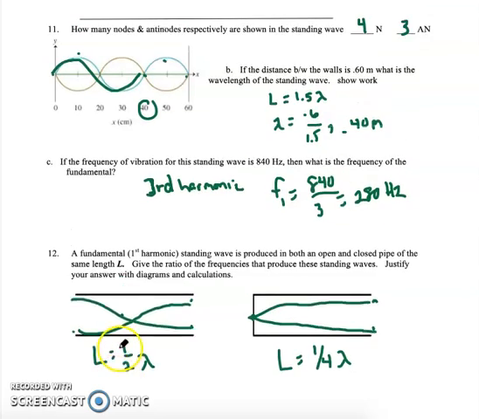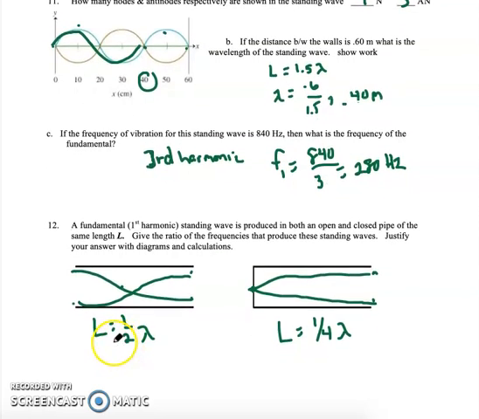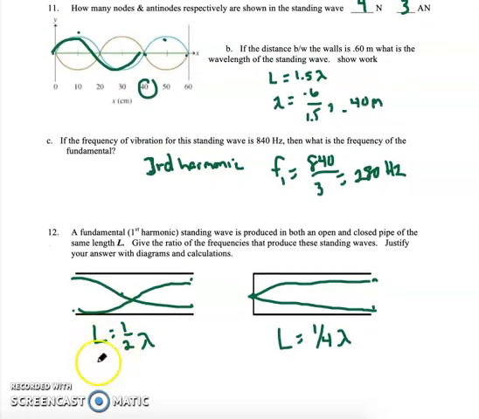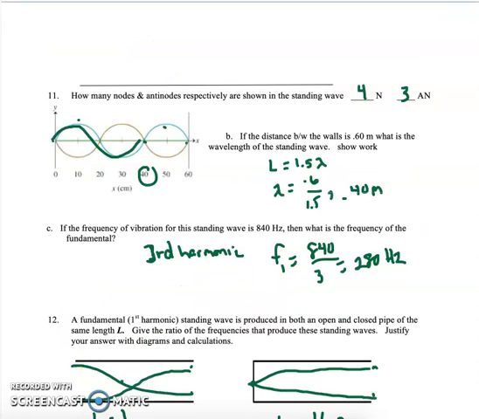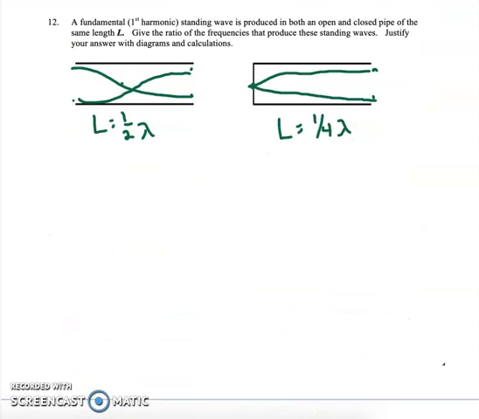Okay, now we want the ratio of their frequency. So I want to translate to the frequency. So how do I do that? Well, we know that frequency is V over lambda. So this is going to be equal to V over half a lambda. I'm sorry, I forgot to do this. Lambda is 2L. If I solve for that, so that's 2L here.